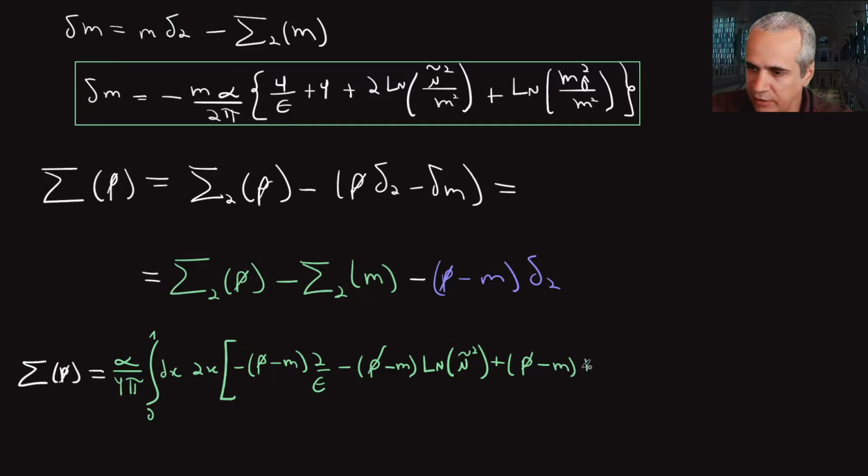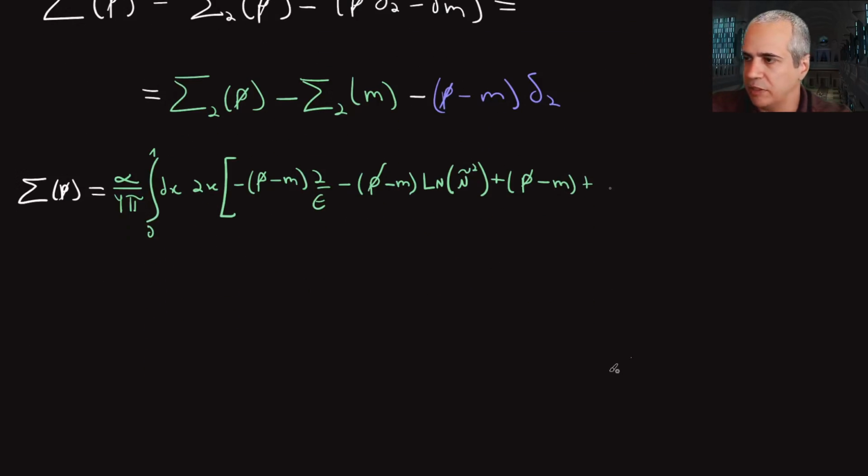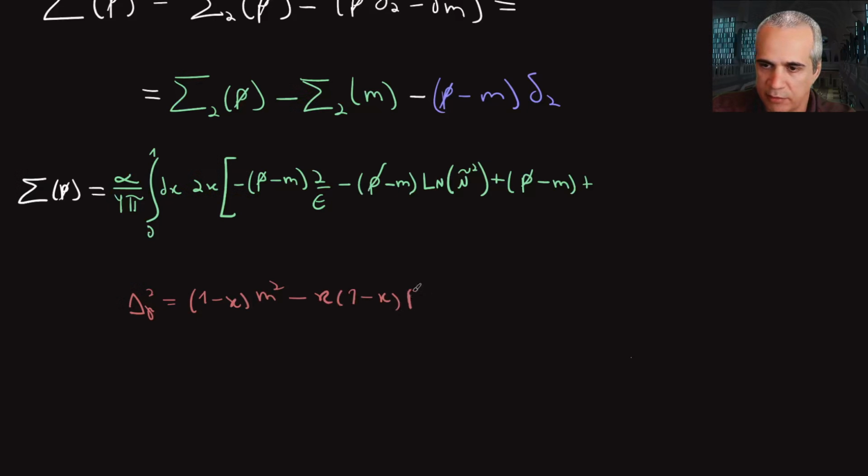And then the delta part. Let me move this up. Remember that delta gamma square was 1 minus x m square minus x 1 minus x p square plus x m gamma square, right?